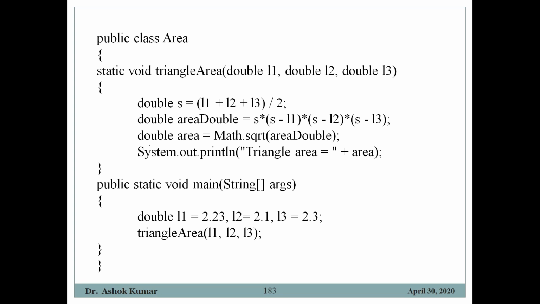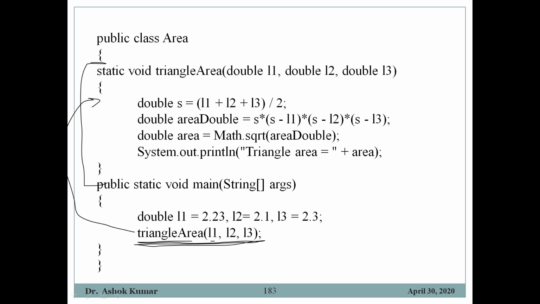Here we have initialized the three sides of the triangle. We have named the variables L1, L2, L3. These are the three sides of the triangle, and we are calling the triangle area method from main. Because this is a static method, it can be directly accessed, because it is also within the same class.